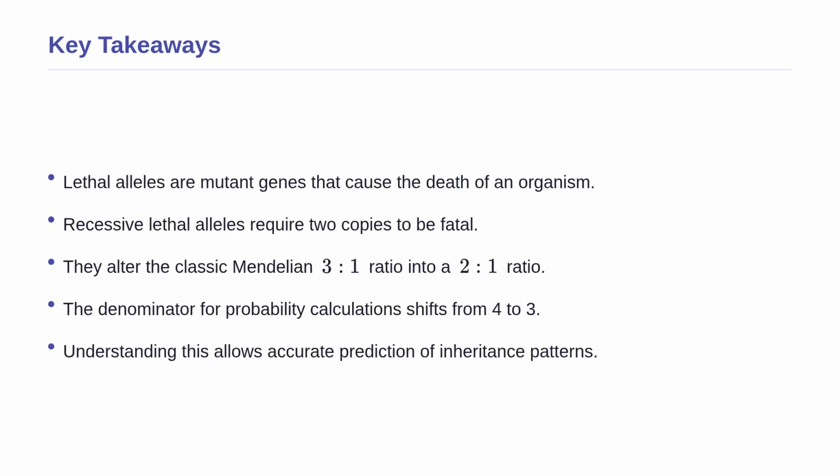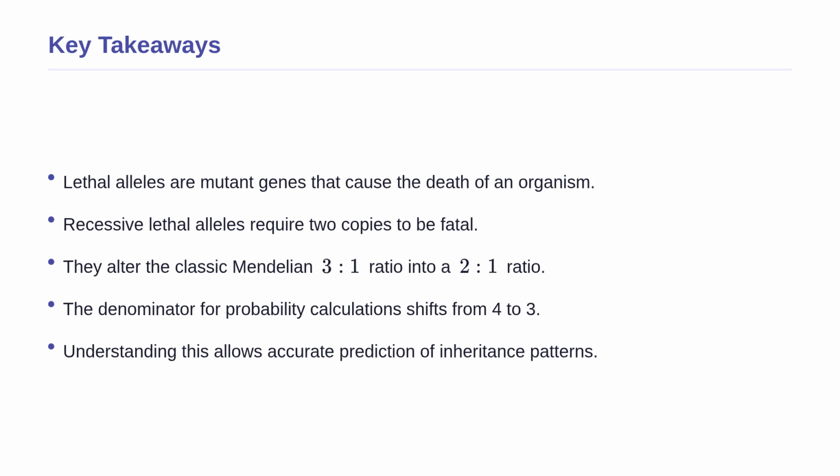To wrap up our journey, let us review the most important ideas we have covered. First, lethal alleles are mutant genes capable of causing the death of an organism, proving that some genes are absolutely essential for survival.